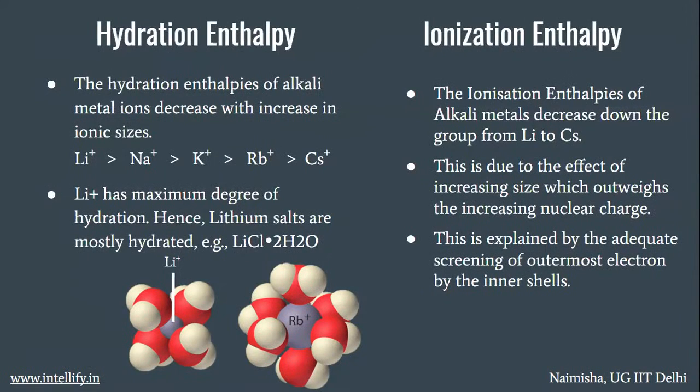The ionization enthalpies of alkali metals decrease down the group from lithium to cesium. This is due to the effect of increasing size which outweighs the increasing nuclear charge. This also explains the adequate screening of the outermost electron by the inner shells.